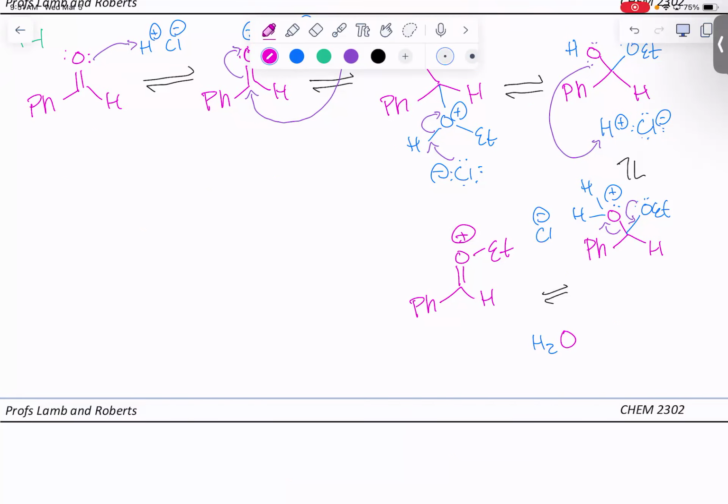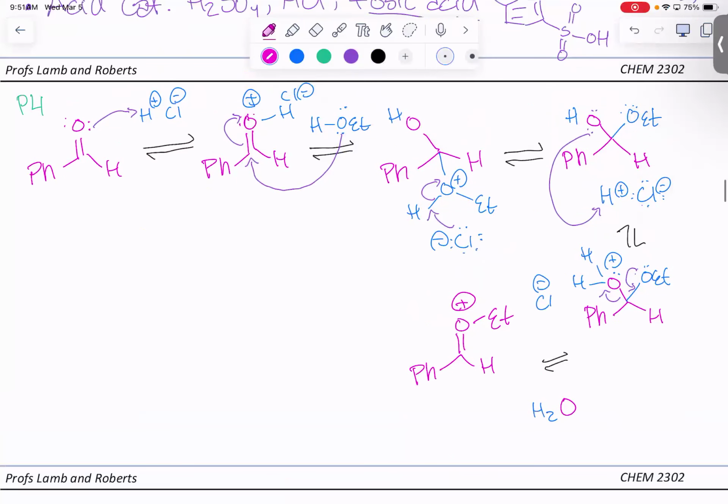But this looks exactly the same, this protonated oxygen of this aldehyde. The only difference is we have our ethyl group, which I'm sorry, should be in blue. That's the only difference. So this is going to react the exact same as our sequence above, right?